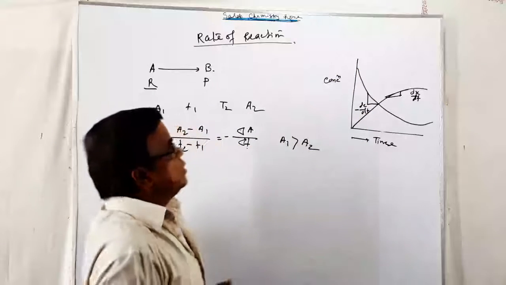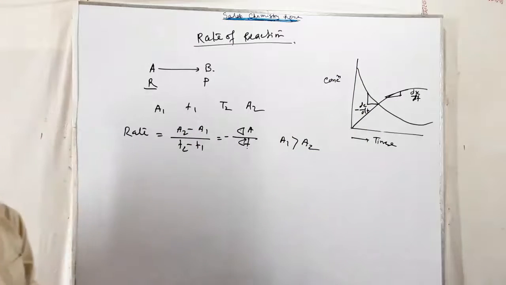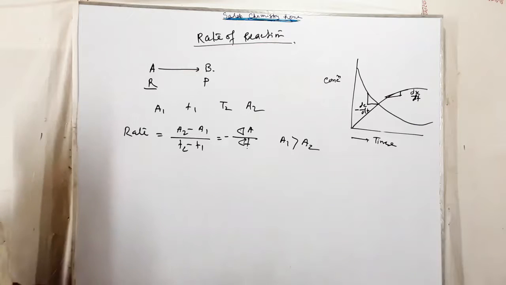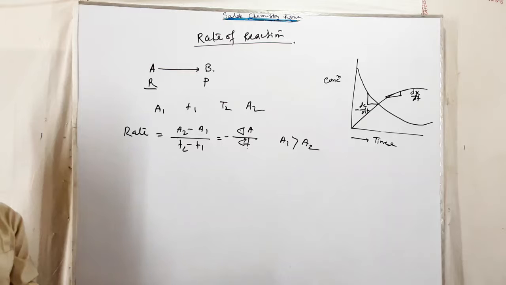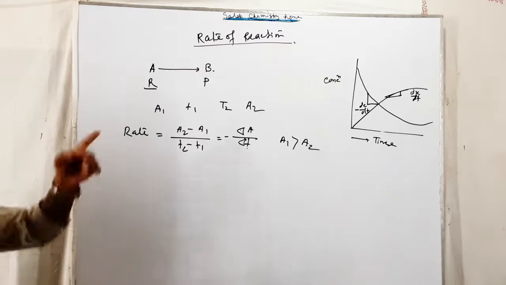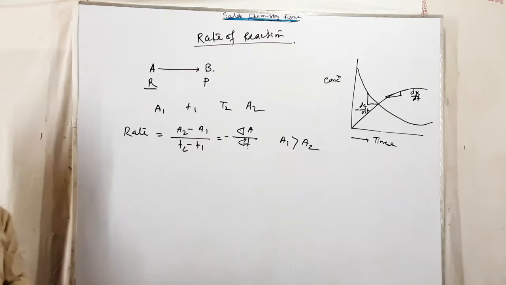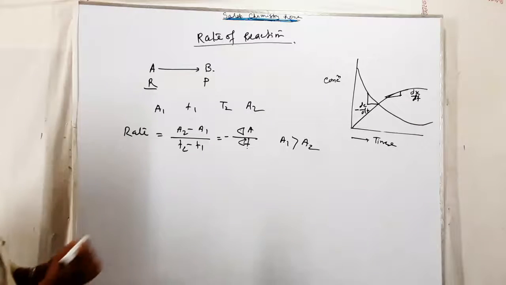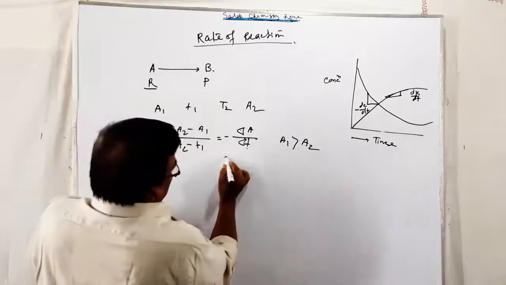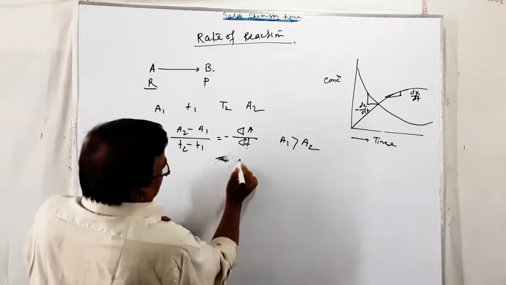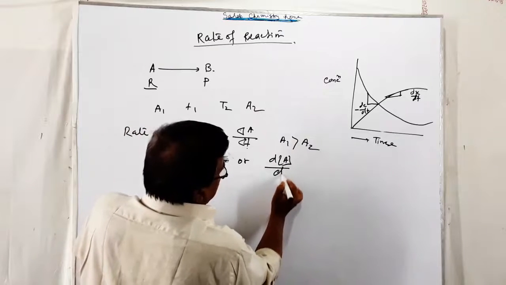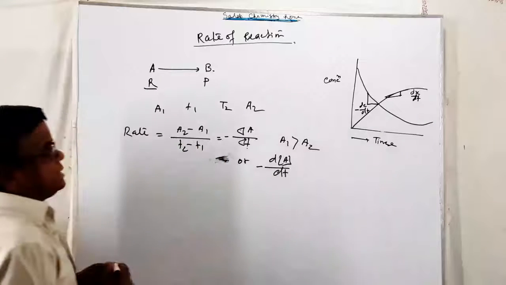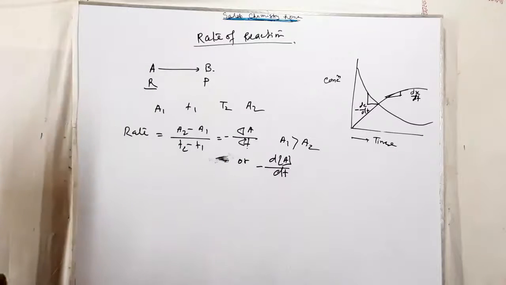As the reactant decreases, the product of the reaction increases, or dC by dt is dA divided by dt, where A is the molar concentration.